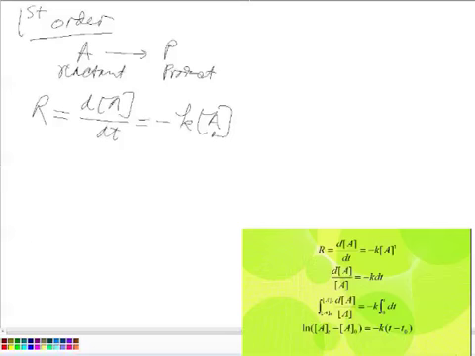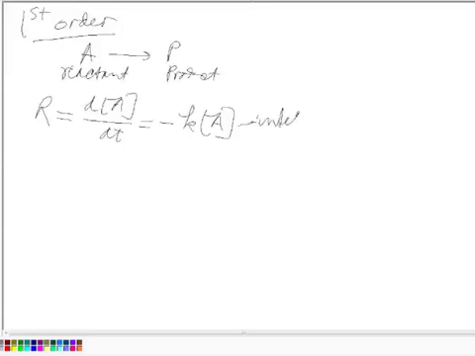So we just integrate this to get the equation.